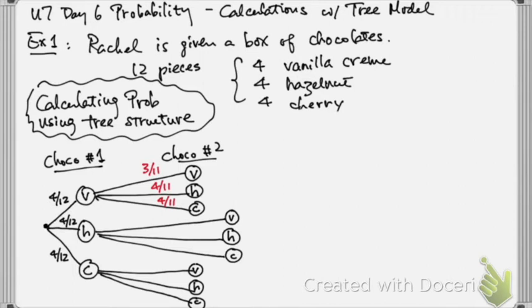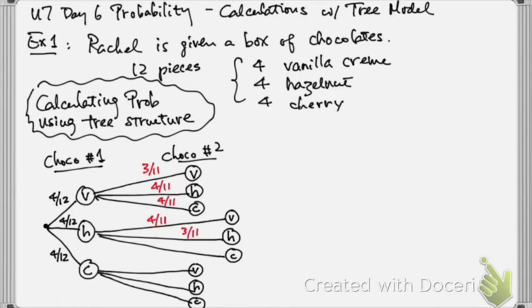Now let's go to the next scenario, if she chooses hazelnut in the first event. Well, if you choose a hazelnut, that means there's still 4 vanilla left, but now there are only 11 pieces of chocolate. So the chance of choosing a vanilla would be 4 out of 11. And for hazelnut, because 1 hazelnut had been taken away, there are only 3 hazelnut left out of 11 pieces of chocolate.